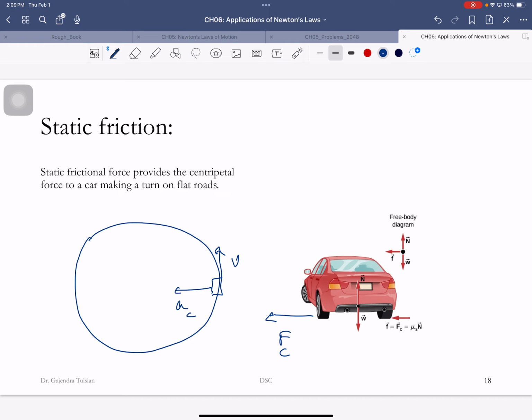Frictional. What kind of friction? So it's a static friction force. See, the tire is not moving in this direction, so it's a static friction force that's providing that. How do friction forces come about?